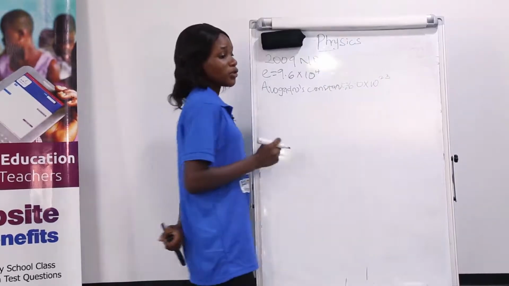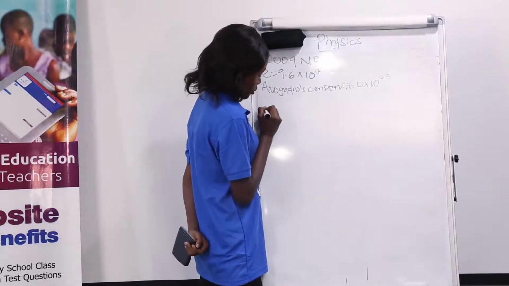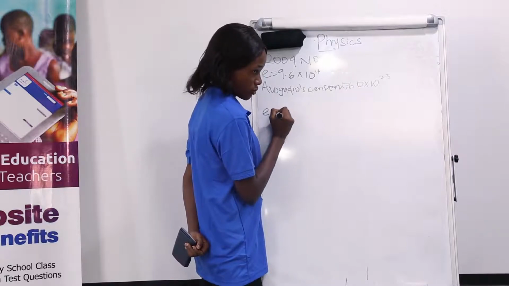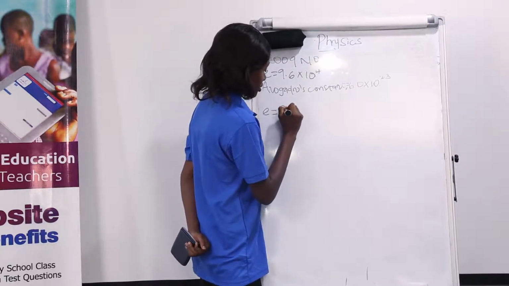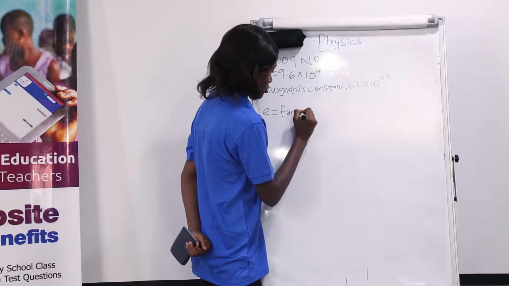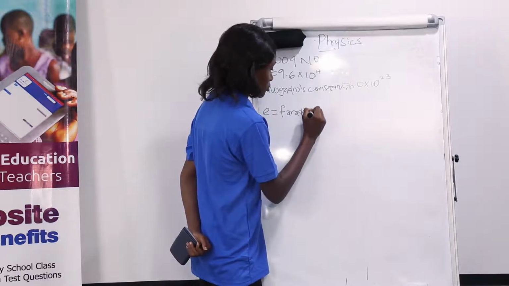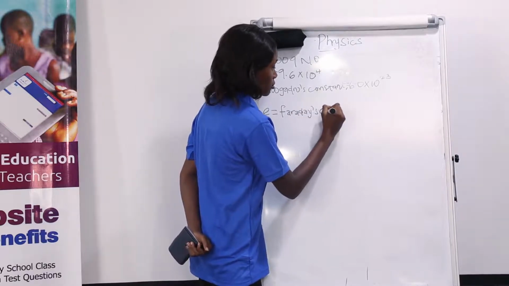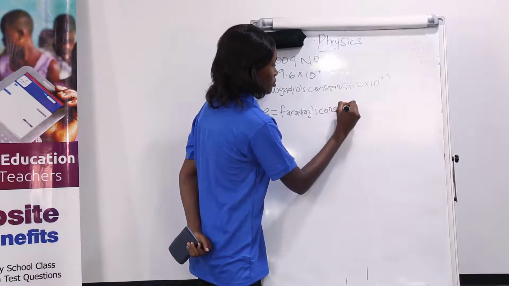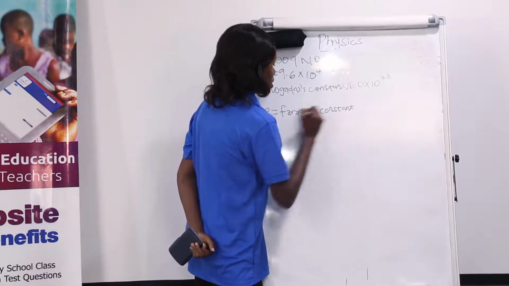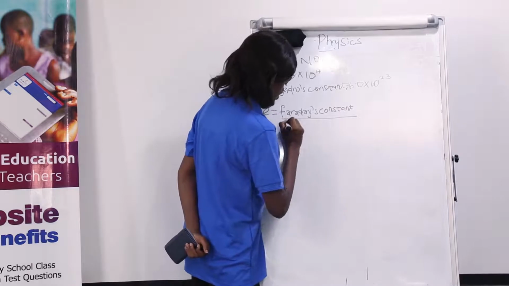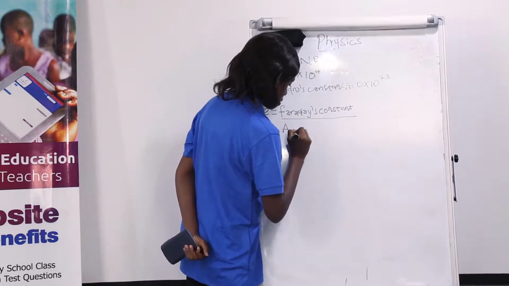This is the value of the electronic charge. Our electronic charge is given as Faraday's constant divided by Avogadro's constant.